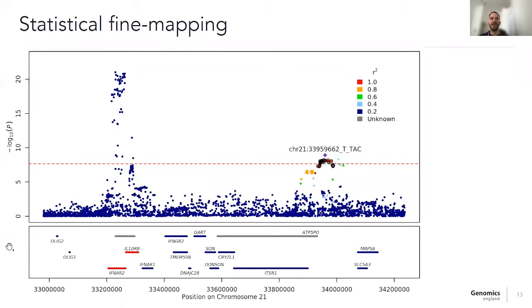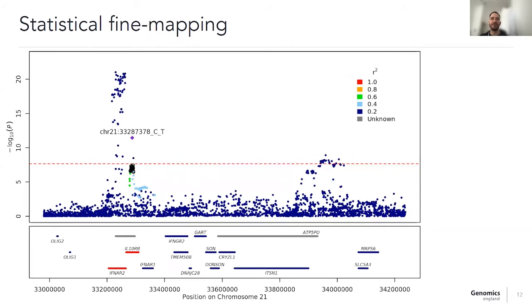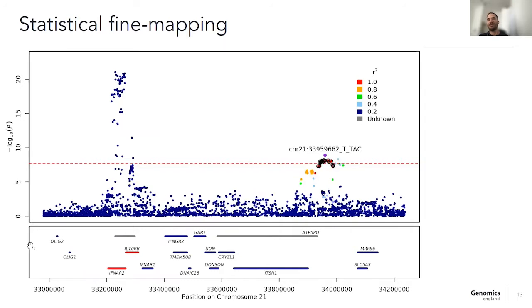You can see, for example, here, two genes that are indicated on the bottom of the figure, IL-10RB and IFNAR2, that we believe are basically the causal genes in terms of these particular two associations that you saw. And then a bit further away, there is another signal there, for which we have a couple of candidate genes as well.